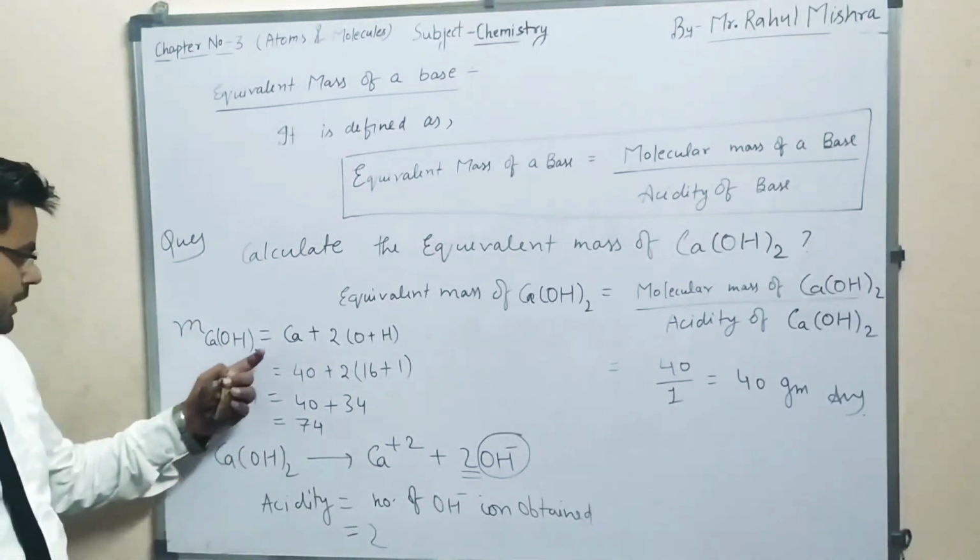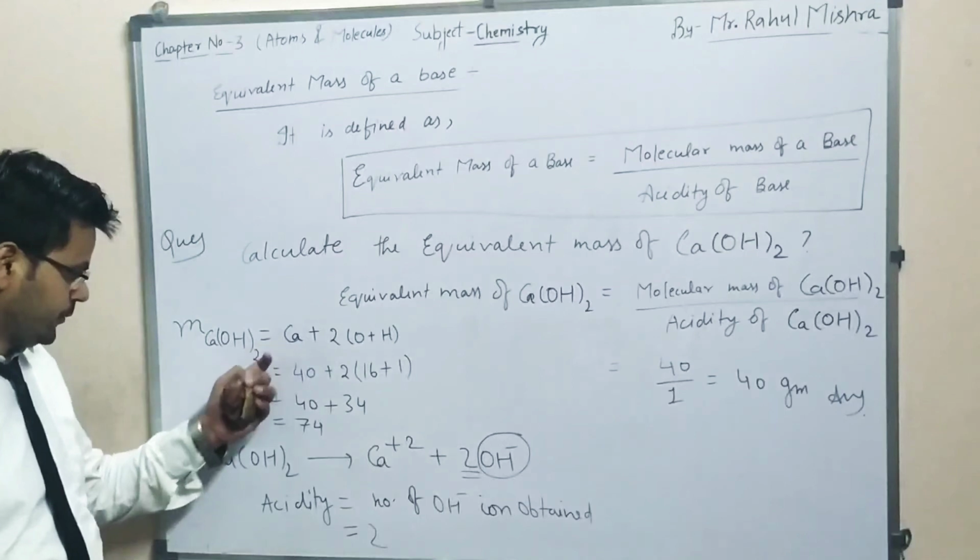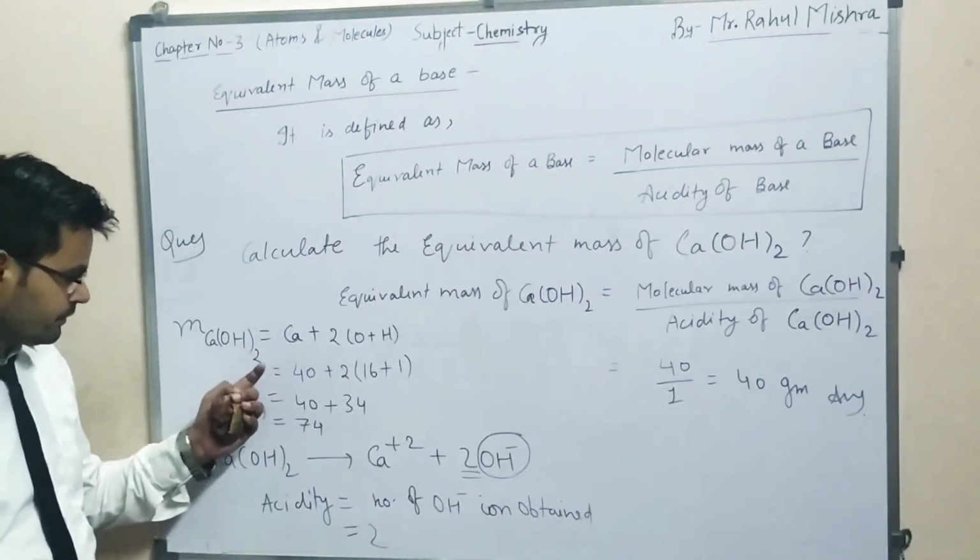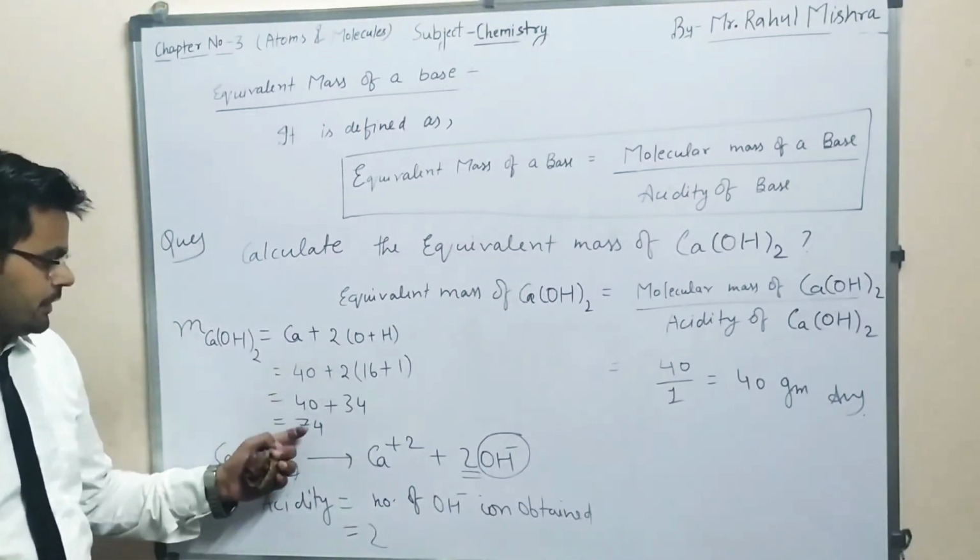So listen, molecular mass of Ca(OH)2 is 74.